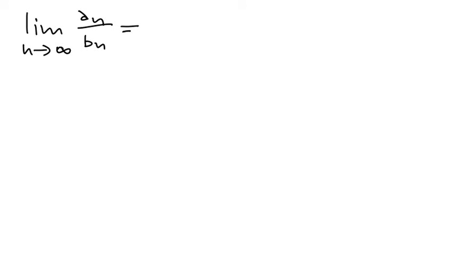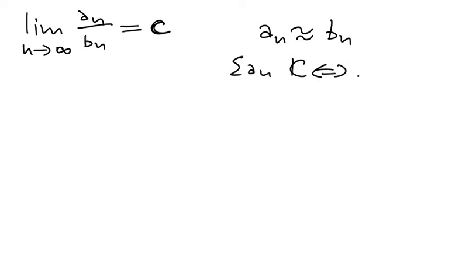So basically what we are doing here is that if this thing is equal to a constant c, then an is roughly bn times the constant c.